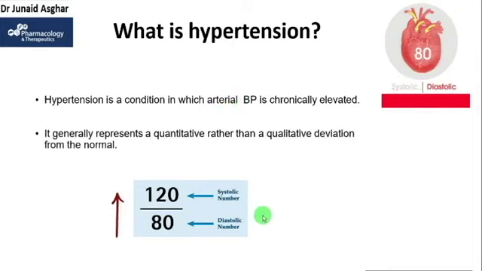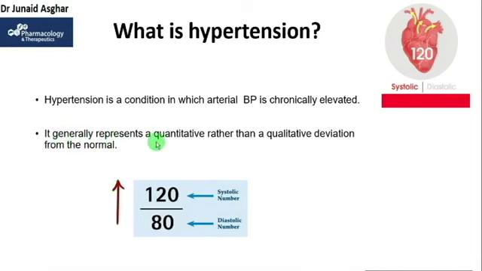As you know, the blood pressure numbers split into systolic pressure and diastolic pressure, or systole over diastole. So if the blood pressure of a person remains persistently elevated above these numbers, then he or she may be called a hypertensive.